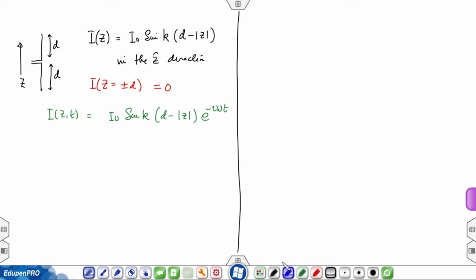The corresponding J(r, t) will be given as I naught sine of k (d minus mod of z) e raised to minus i omega t, delta of x, delta of y, in the z direction. Why have we taken a thin wire?